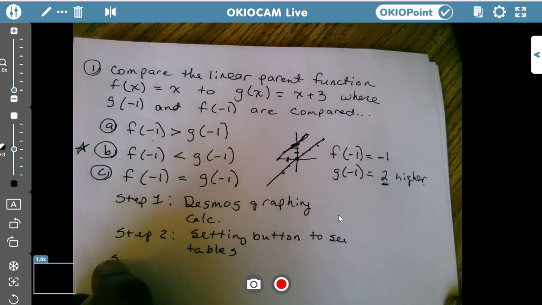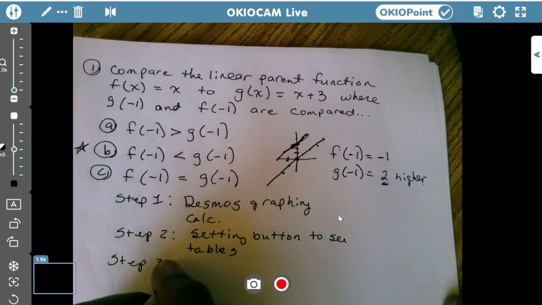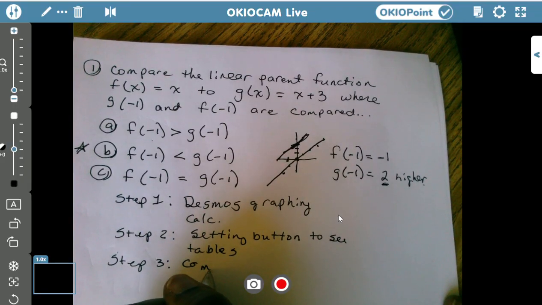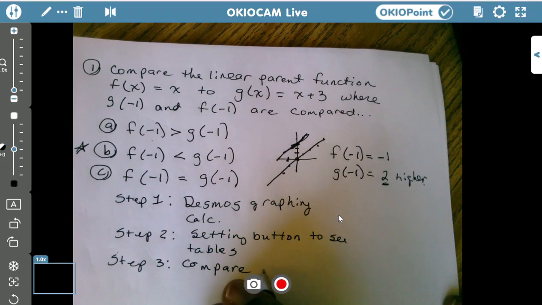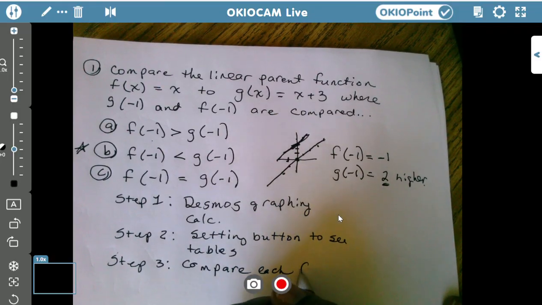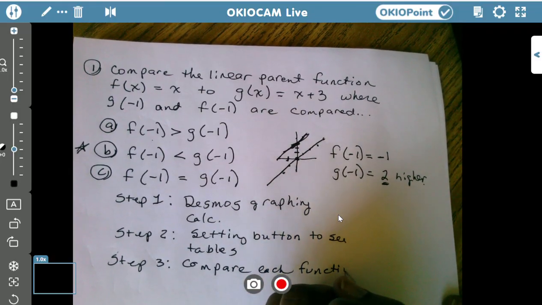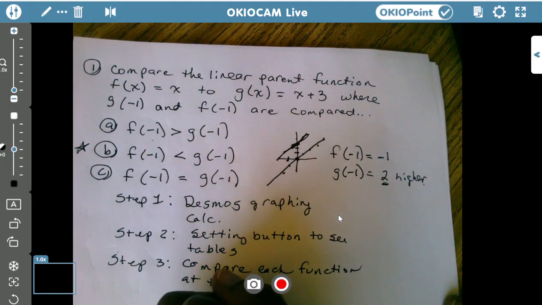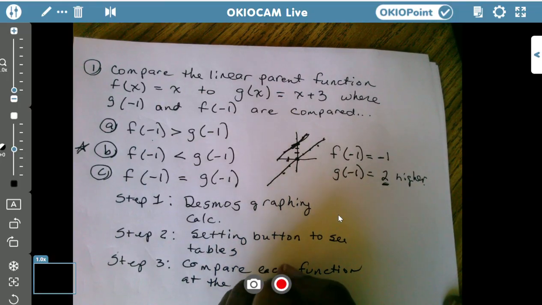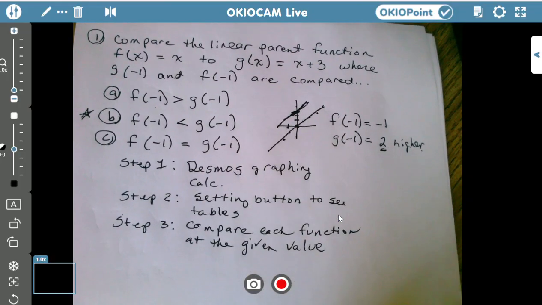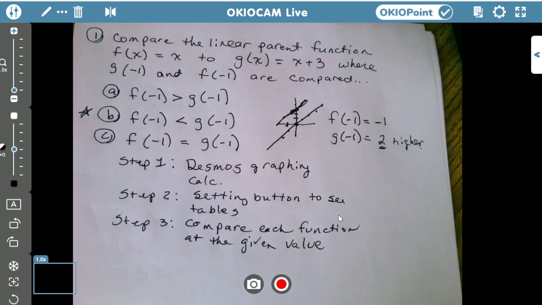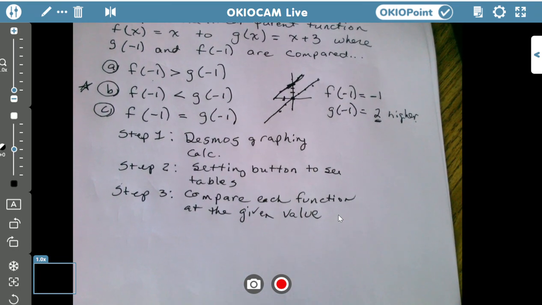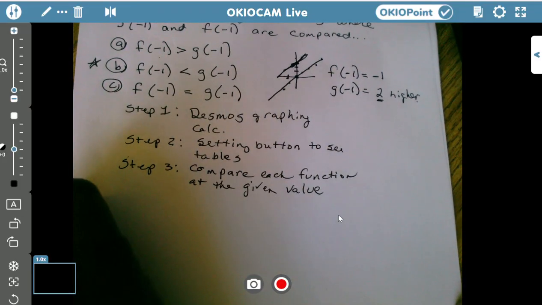And then step 3, you are going to compare each function at the value. Okay, we're going to do 2 more, and we'll go through them together.